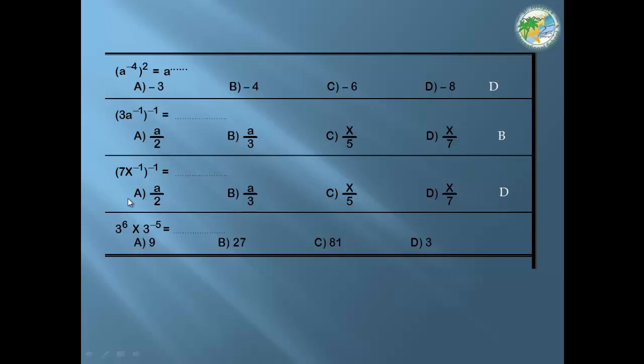Fine. Now, we have two powers with the same base, so we can add the powers. 3 power 6 times 3 power negative 5 equals 3, because it will be 3 power 1. Fine.